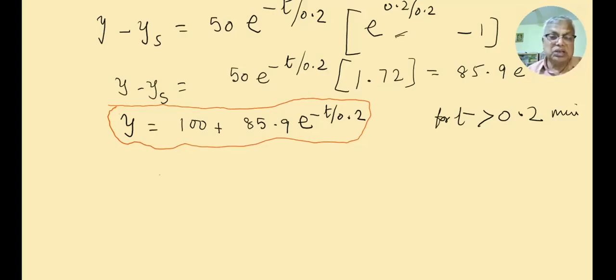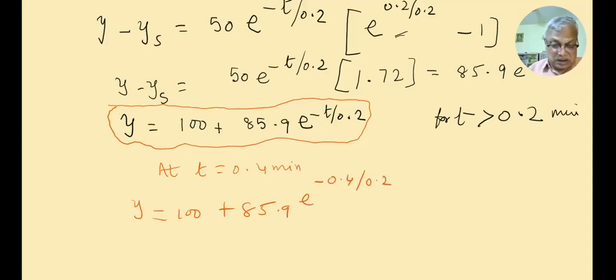So y equals 100 plus, and this is equal to 111.62 centigrade. So this is the answer.